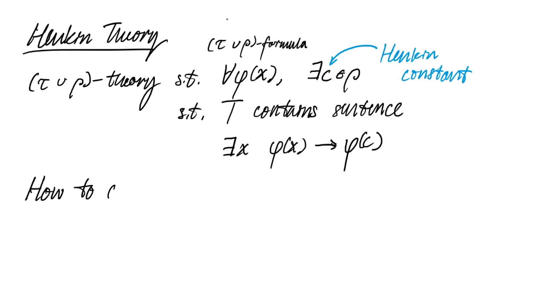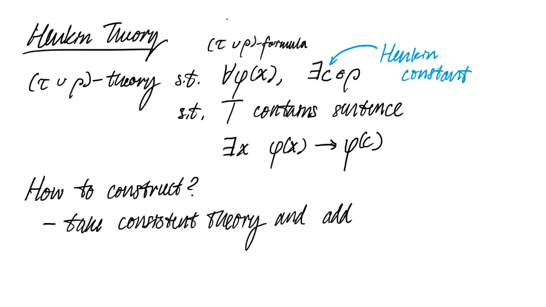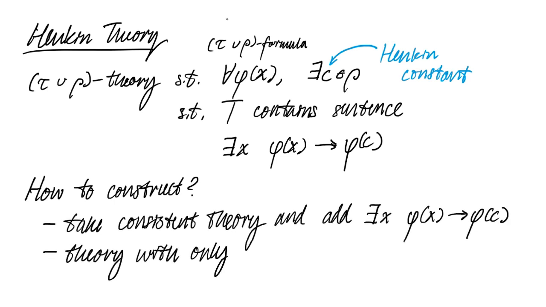To perform a Henkin construction, we can either take an existing consistent theory and add the sentence, there exists an x such that phi of x implies phi of c, where c is a Henkin constant, or we can take an existing theory with only constants. We will perform a similar construction in our proof.